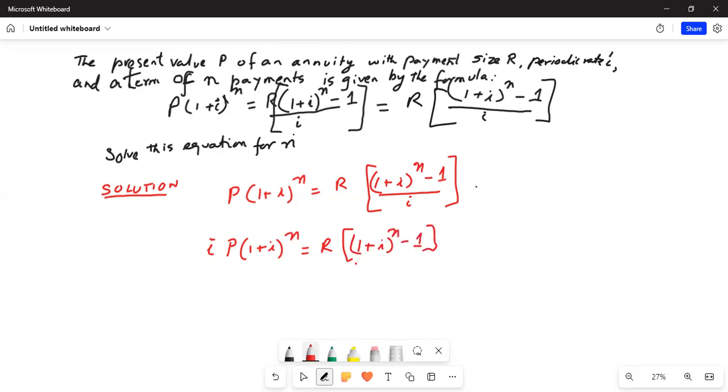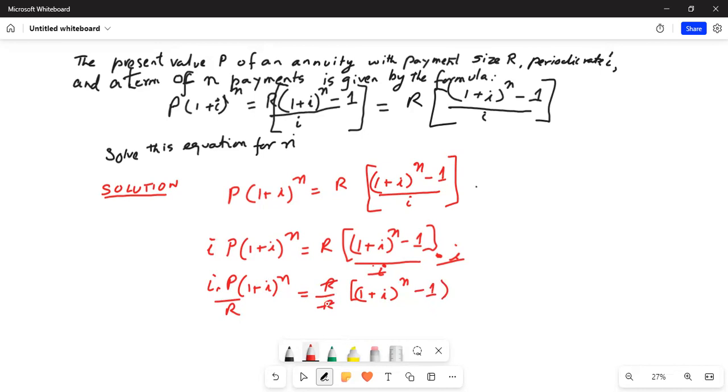The whole thing is divided by I, and we multiplied by I also, so this I and this I will cancel. Now we will divide by R on both sides. So what will happen now is I times P times (1 plus I) to the power of n, divided by R, and R divided by R on the right hand side of the equal sign is 1, so we have (1 plus I) to the power of n minus 1. So this R and this R will cancel.